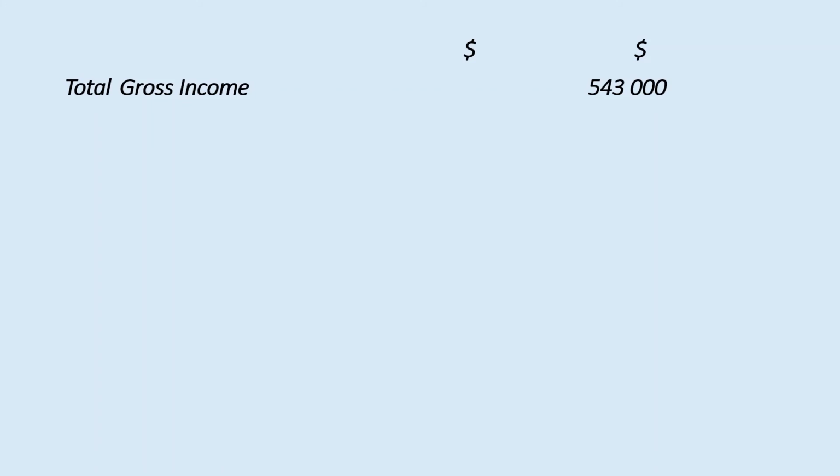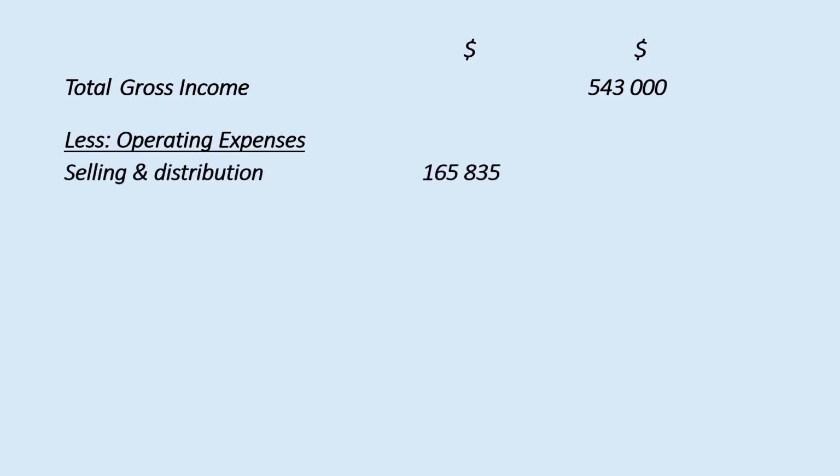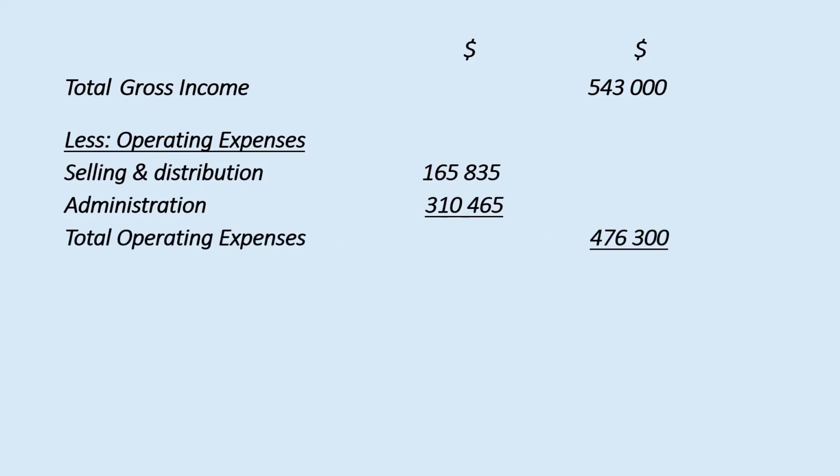Okay, so the total gross income of 543,000. The operating expenses, selling and distribution, 165,835 from our workings. Administration, 310,465 from our workings again. And the total operating expenses is 476,300, giving us a net income before tax and interest of 66,700.